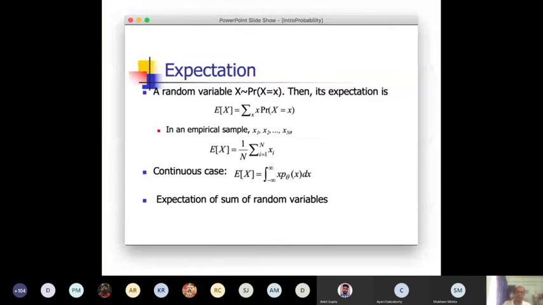You can also define expectation of a sum of random variables. In fact, it can be shown that it's a linear operation. So if you have a sum of random variables, then the expectation will also be the sum of the expectations of each component. So the expectation operation is a linear operator because summation and integration are both linear operators.